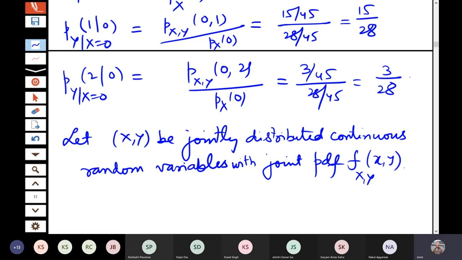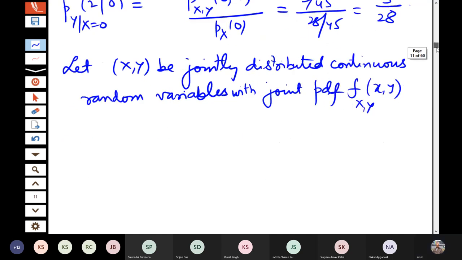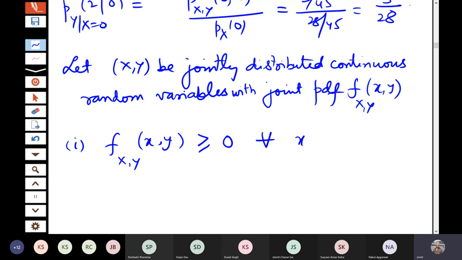Okay. So then what will be the properties here? As you remember, in the case of one variable, the density does not denote the probability at the point, it denotes the density. So what are the conditions that you have? That this function should be non-negative for all x, y. Okay, density function is a non-negative function.